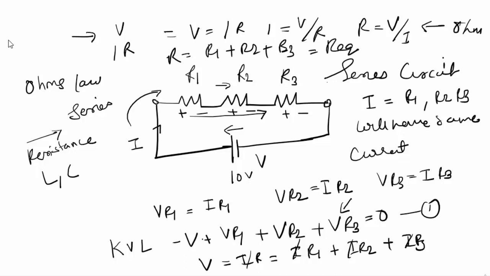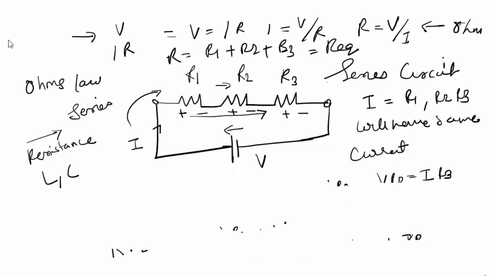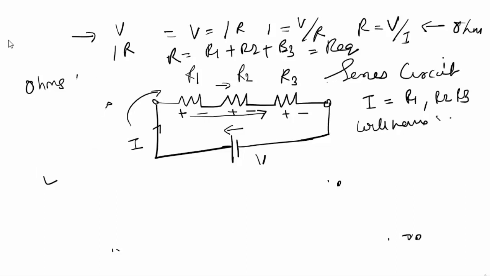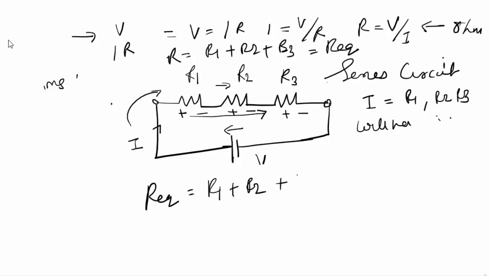Again, being more specific, you can say that if you have a series circuit, the equivalent resistance of the circuit will be equal to the summation of all the resistances connected in series.